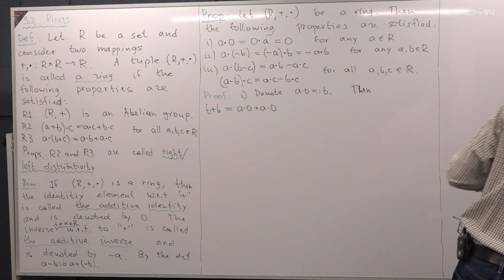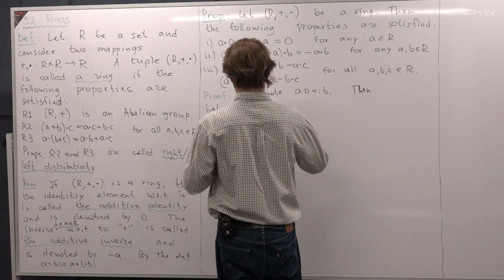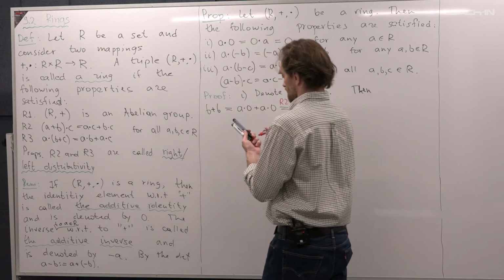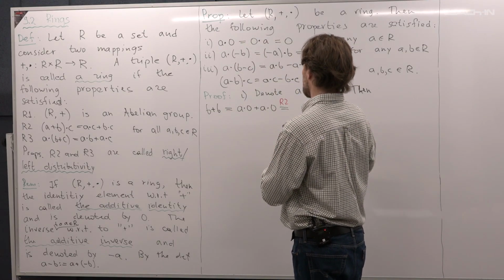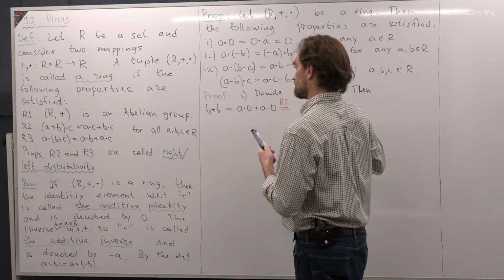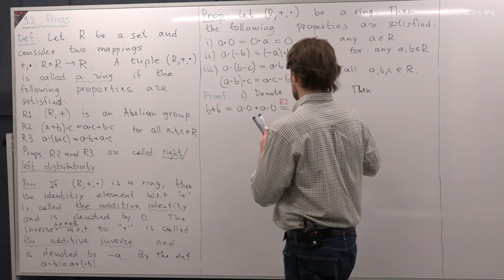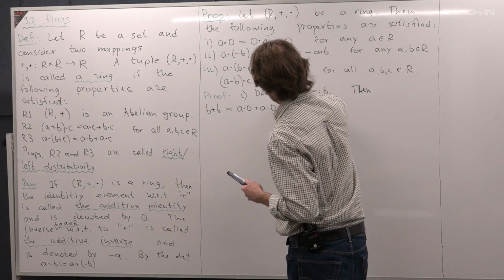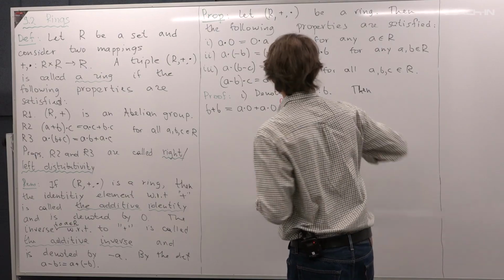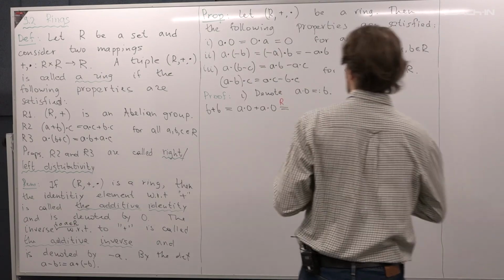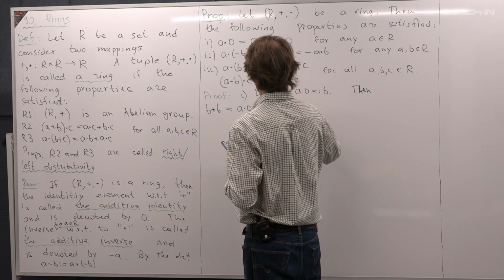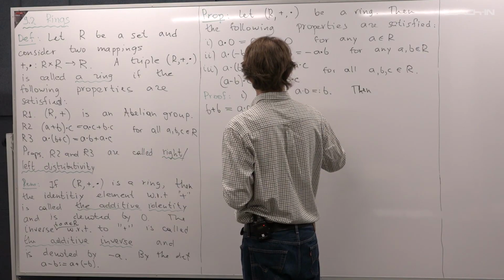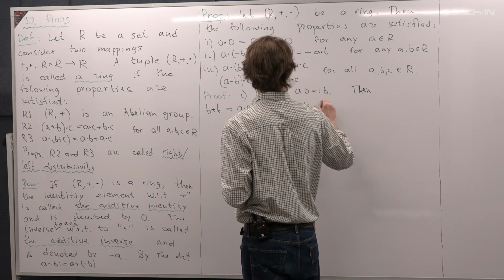Sorry, not the property R2, but the property R3. So we're going to use the distributivity property R3. And according to R3, this is a multiplied by (0 plus 0).